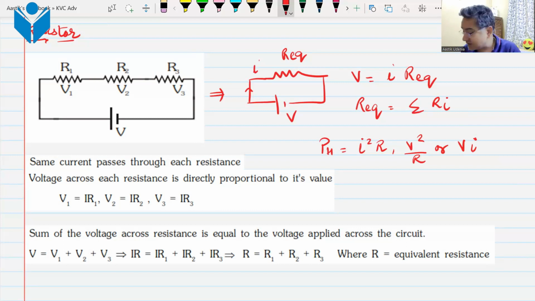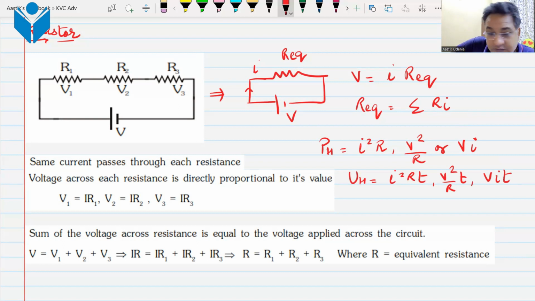Power lost in the resistor in the form of heat. Energy lost in the resistor in the form of heat will be I square R multiplied by T, V square by R multiplied by T, or VI multiplied by T. So when you multiply this by T, you will get the energy lost in the resistor in the form of heat energy.